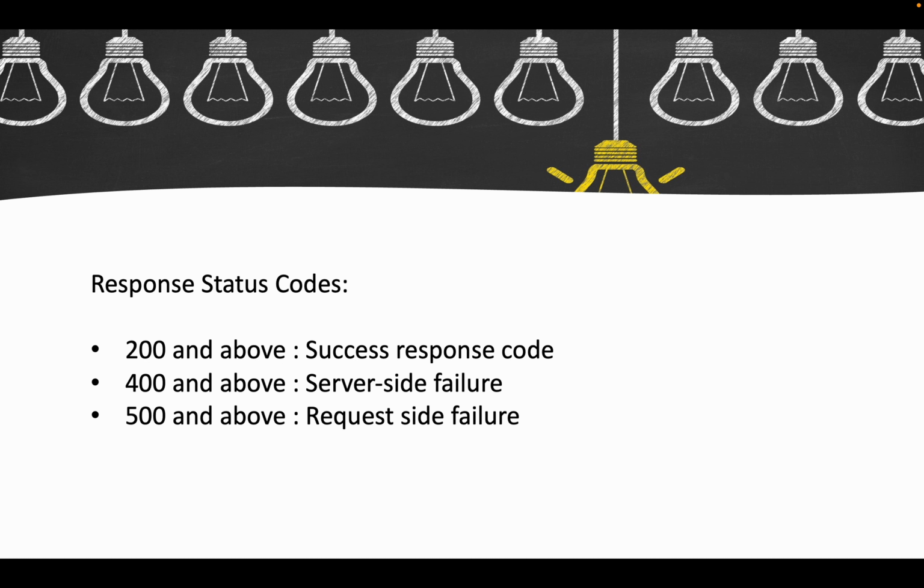The most common 400 and above error that we see is 404 not found. If you're not able to access a certain link, then you see this error, right? So there's something wrong at the server side itself. If we see a 500 and above status code, then it's something wrong with your request itself.